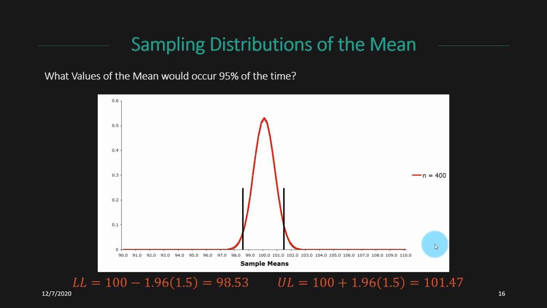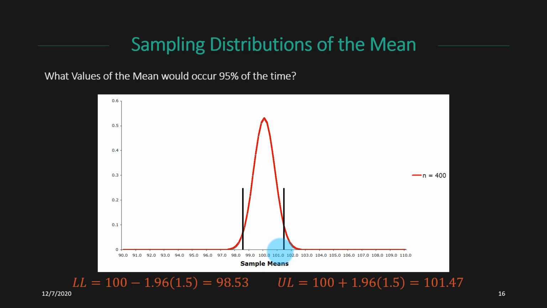Again, drawing this on the actual sampling distribution probably makes it a little more clear, but our mean is 100, and when we're taking samples of size 400, the standard error gets an awful lot tighter. So now you can see our distribution is a lot narrower. 95% of the distribution still falls within 1.96 standard errors to the left and 1.96 standard errors to the right.